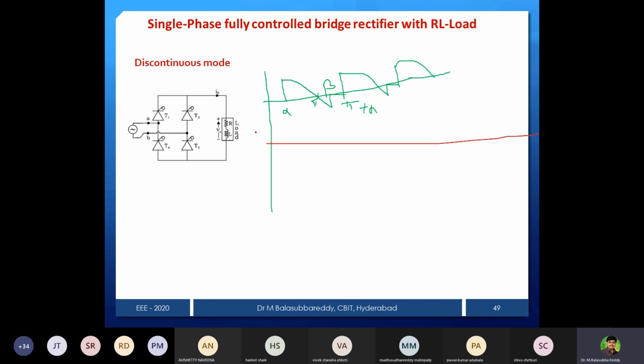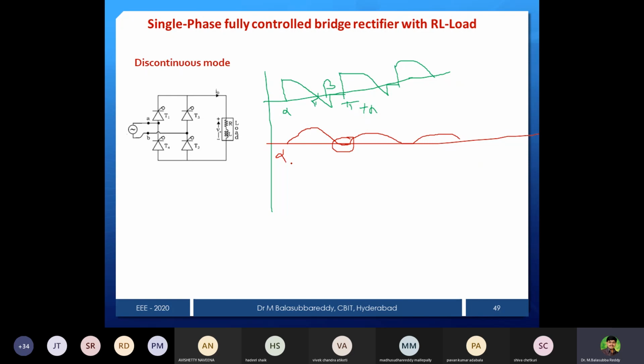You can see we started at alpha, current will start rising. How long? Up to pi, then it is decreasing to beta. Then beta to pi plus alpha, what will happen? No device will conduct. Again current is rising and decreasing, then zero, then like this. So what is the gap you can see here?